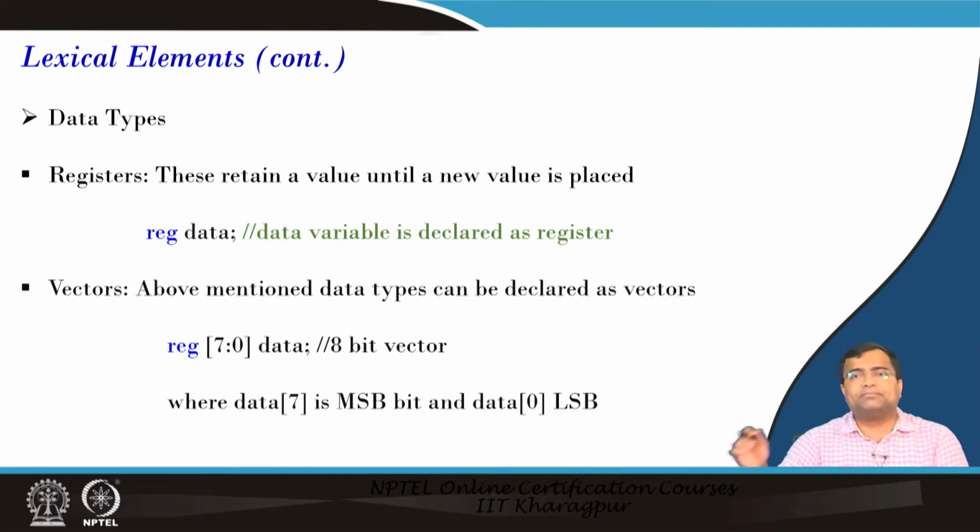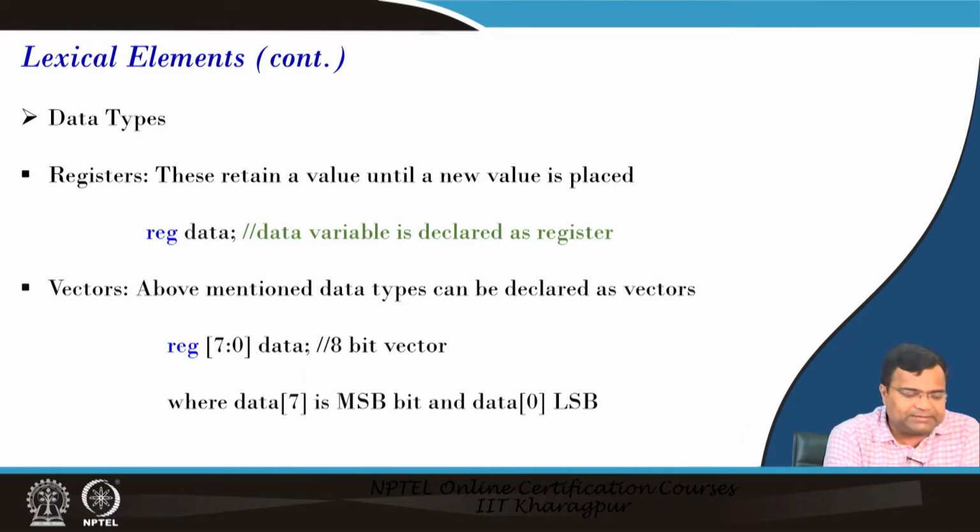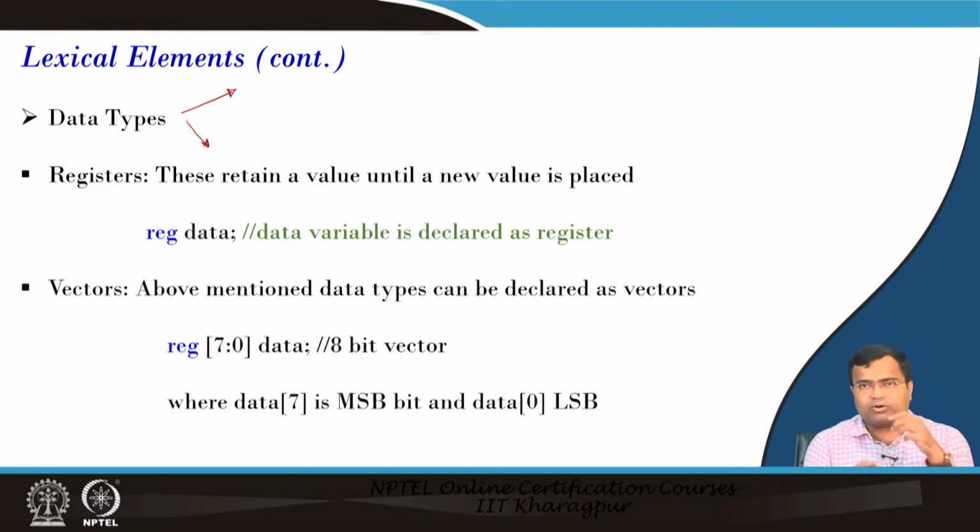Now, data types. We have to specify the data type. The data can be scalar or it can be vector. The data can be a wire, that means instantaneous data, or you can keep the data stored in a register.